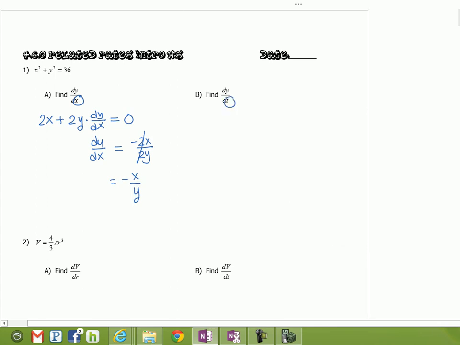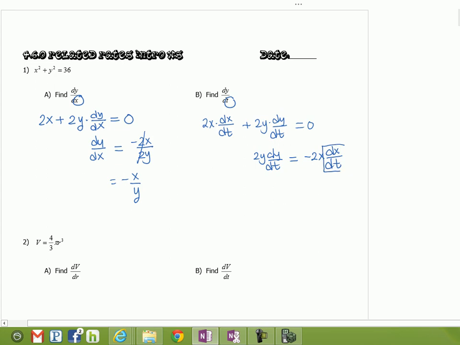This one's slightly different because of this piece. It says that you want to take the derivative with respect to t. So now, since all the variables are not t, I'm going to have more differentials. So x squared, the derivative would be 2x, but multiplied by the derivative of x with respect to t, plus 2y times the derivative of y with respect to t equals 0, and therefore 2y dy/dt is equal to negative 2x dx/dt.